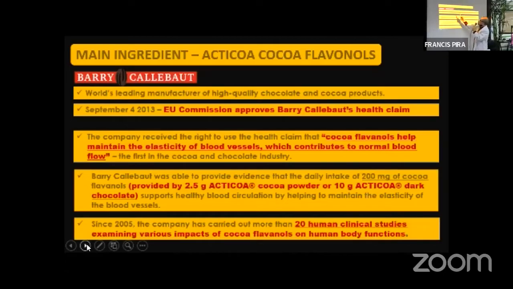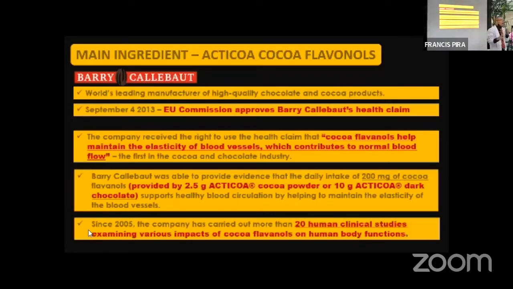So this is the world's leading manufacturer of quality chocolate, which is rich in flavonol and cocoa products. In September of 2013, the European Union Commission approved the health claim, and the company received the right to use the health claim that cocoa flavonols help to maintain the elasticity of the blood vessels.